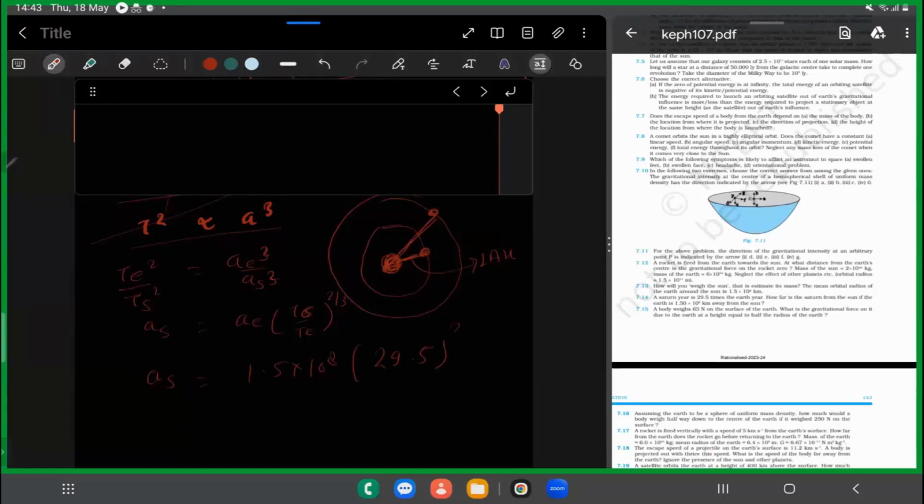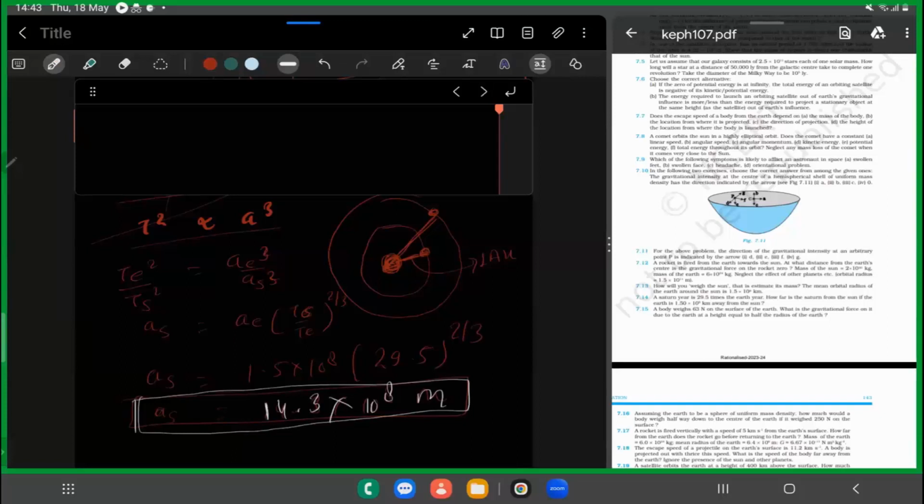So we put these values, then AS comes out to be around 14.3 into 10 to the power 8 meter. So this is the required distance. That is about this question, and we'll move to the next question now.